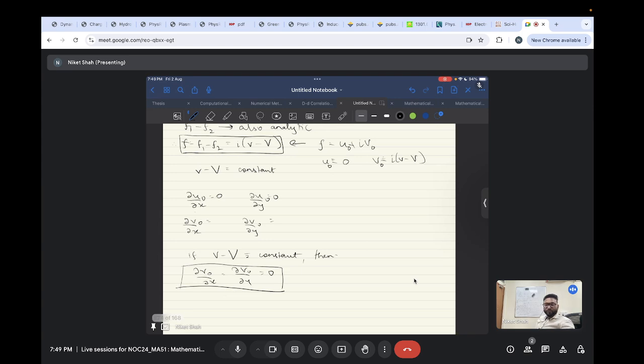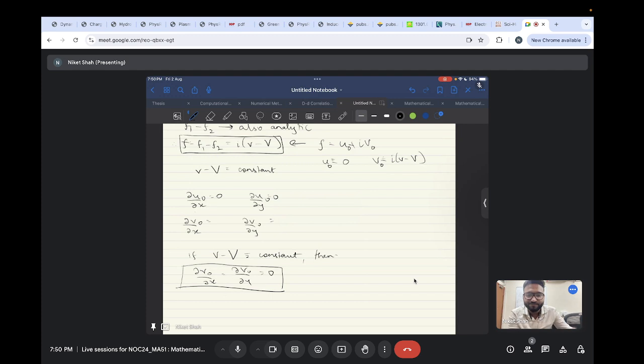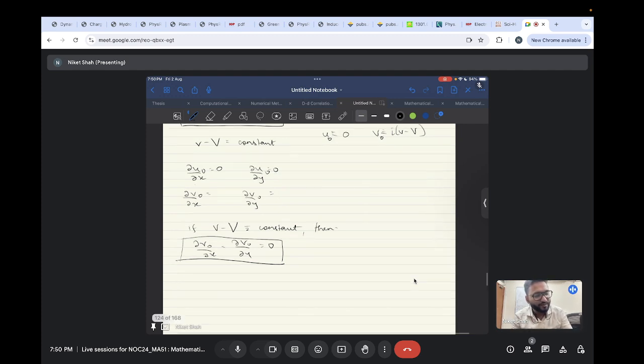Therefore, it proves that small v minus capital V has to be a constant for this function to be analytic everywhere. All right.